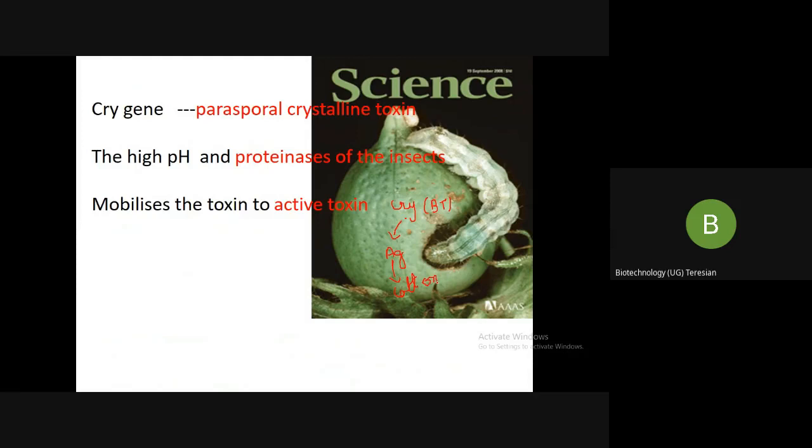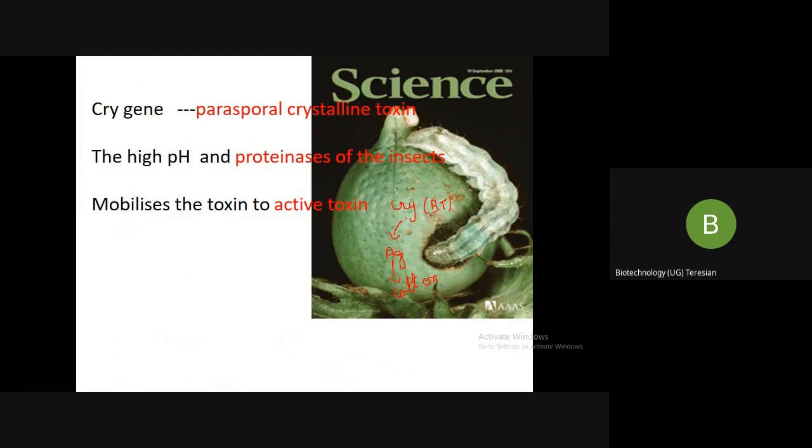Now what happens? These Lepidopteran come and start feeding on the plant. They don't know that this is a modified plant. So once they start feeding, what happens? In these transgenic cotton, when the insect feeds on this plant, the Bt spores which are there in your plant enter the insects.